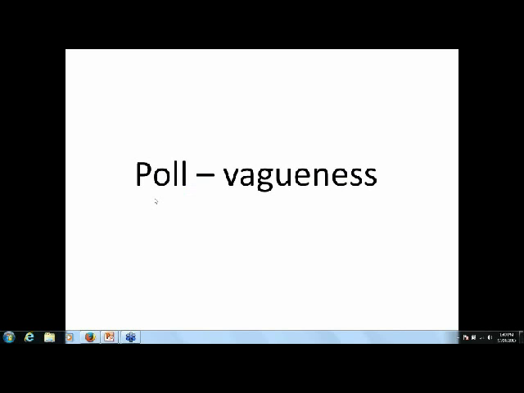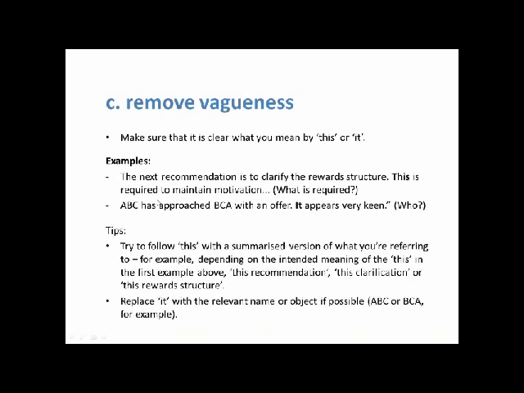So we need to be aware that while we're writing and we're sure what we mean, we know who's keen. Let's read it again, stepping outside and just thinking, is this really clear to everyone who picks this up and reads it? So using that example, you can see it as the second example on the slide. ABC has approached BCA with an offer.